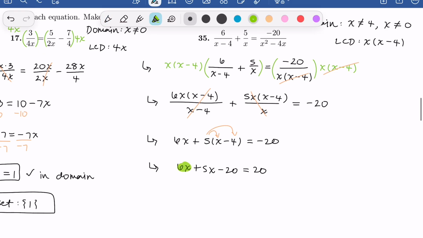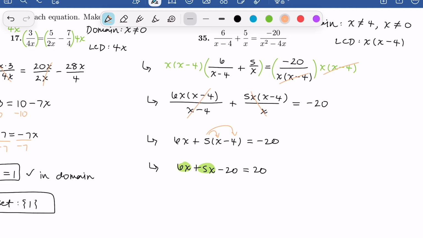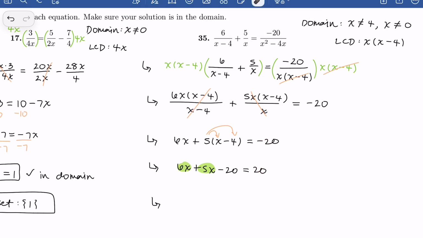So here I have a 6x and a 5x, so I can combine those, and I also have this minus 20 here, so I'm going to add it to this side of my equation. So adding 20 to both sides of my equation, I'm going to end up with 11x is equal to 40. And sorry, that is close here, but notice that I dropped a negative from this guy.